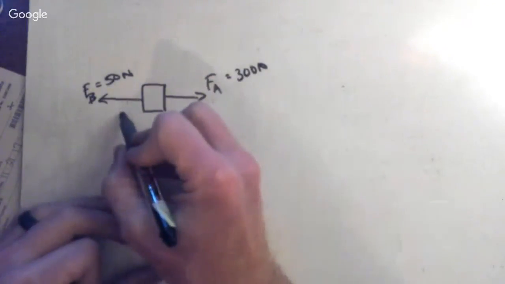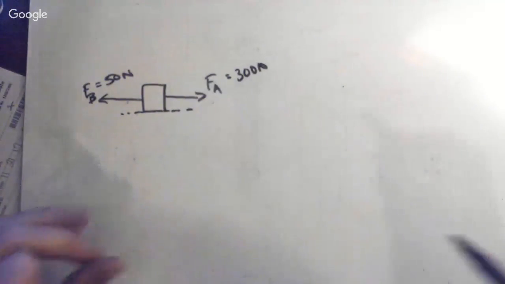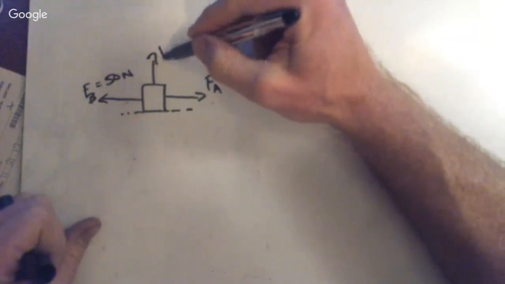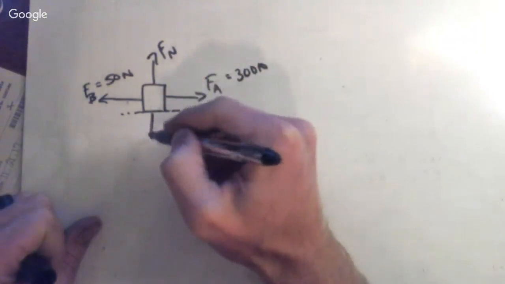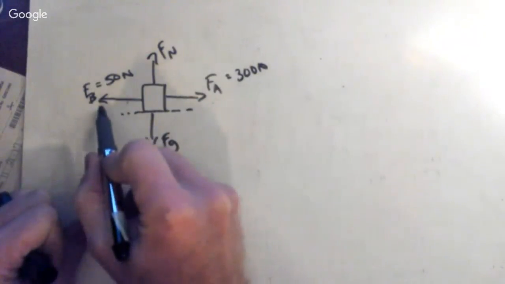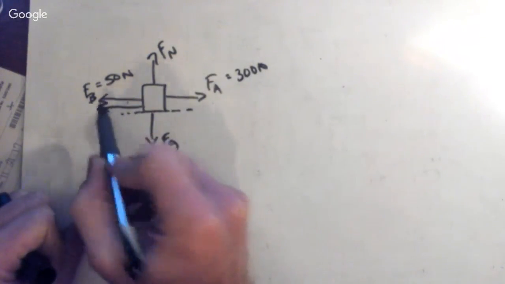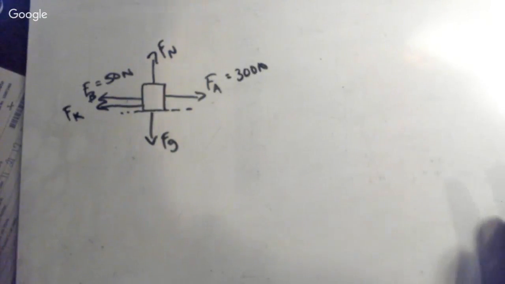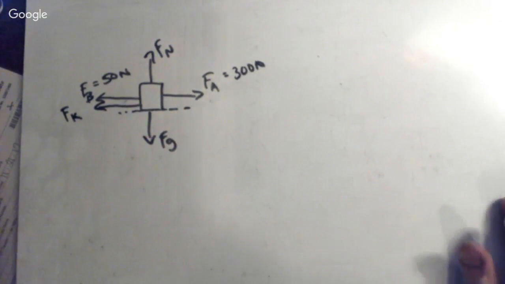Now we're going to say that this is along a flat surface. So we also have a normal force, a force of gravity, and a force of kinetic friction. Since I said kinetic friction, it means this box is moving.